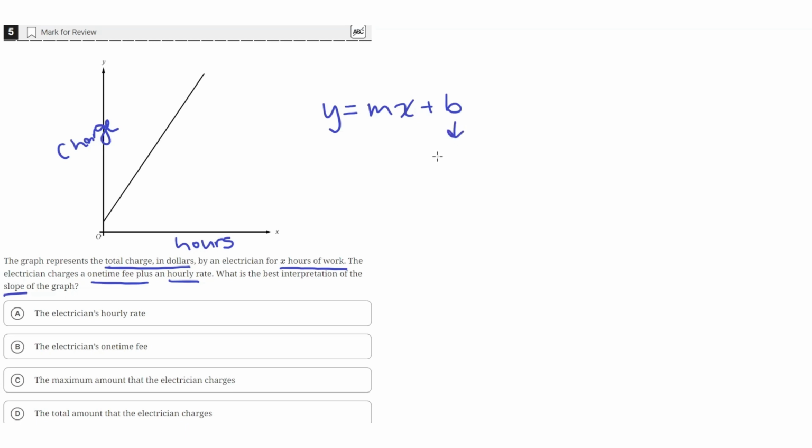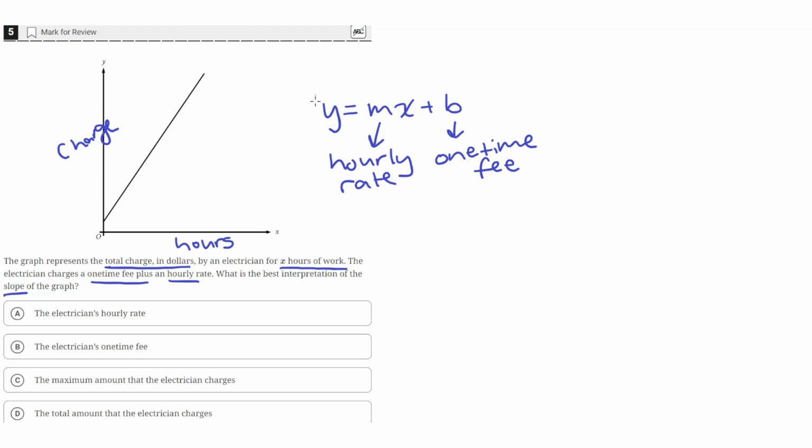So b is the one-time fee. And then the amount charged per hour is going to be the coefficient of x, because every time x increases by 1, the value of y increases by m. So m here is equal to the hourly rate.